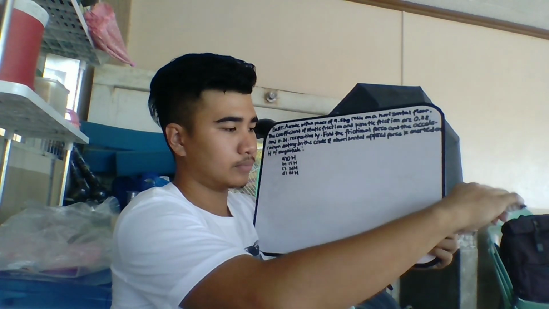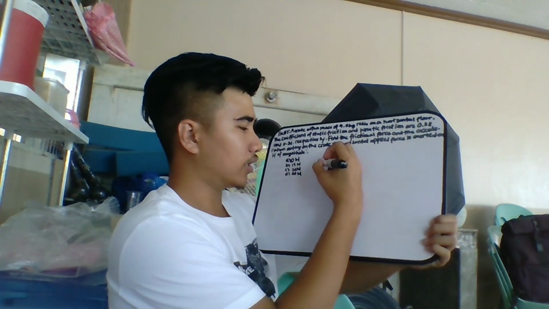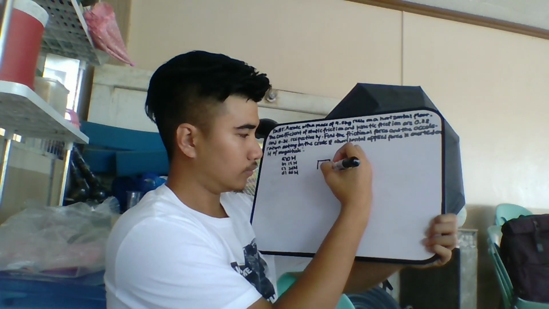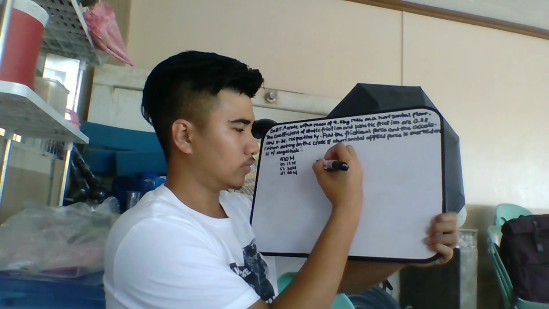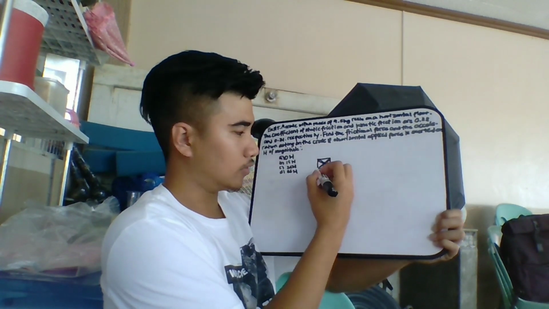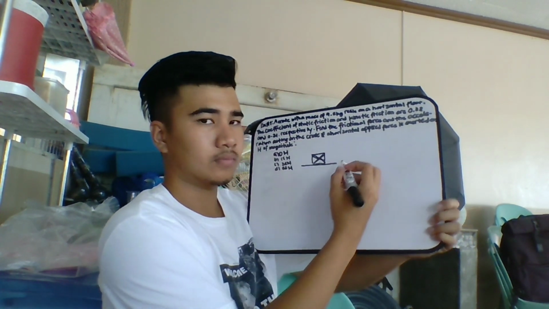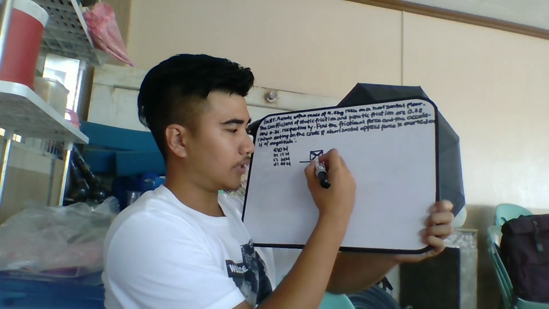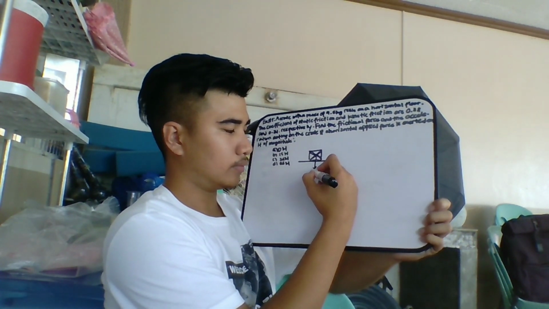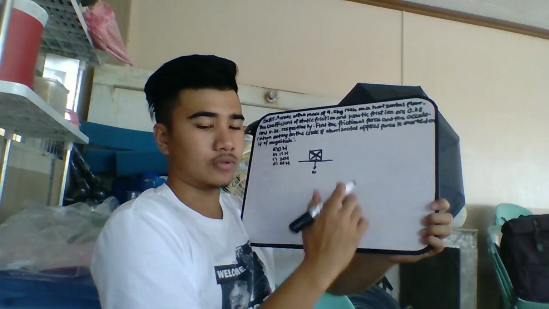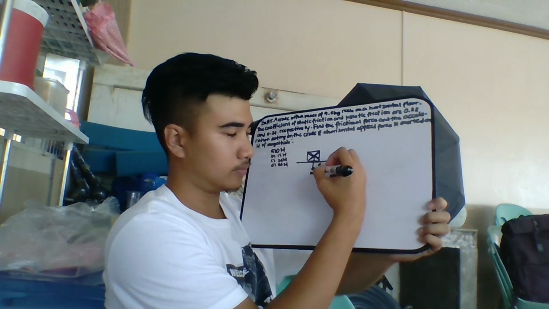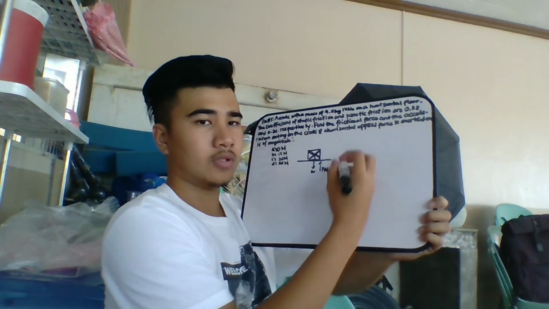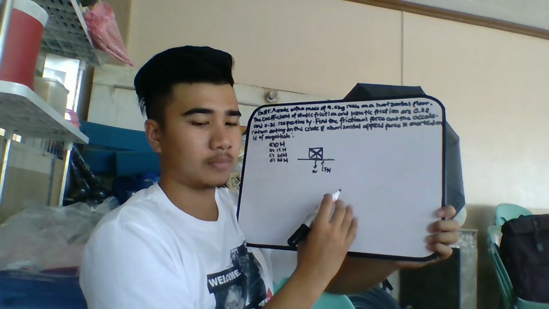We draw first the free body diagram, considering ito yung crate. We have the weight and yung normal force na F sub n ga-apply sa kanya dito, and merong na applied force.